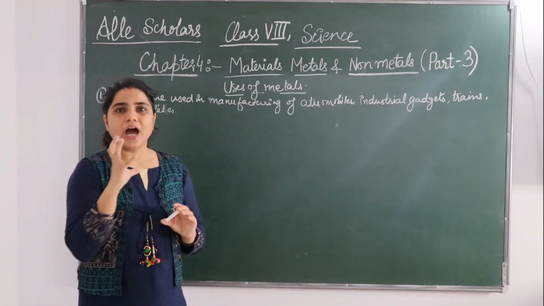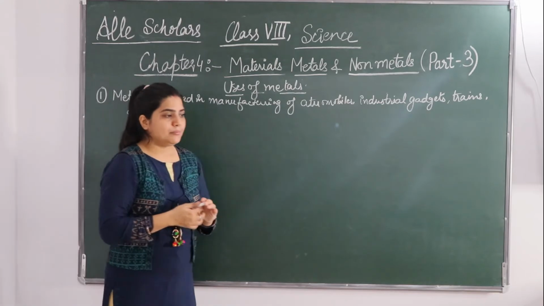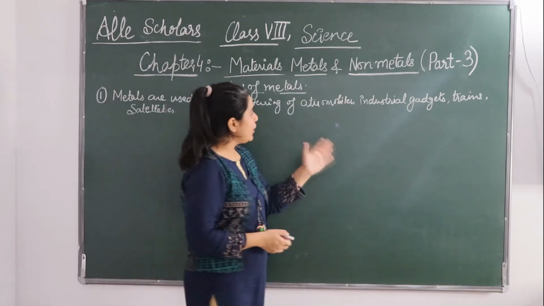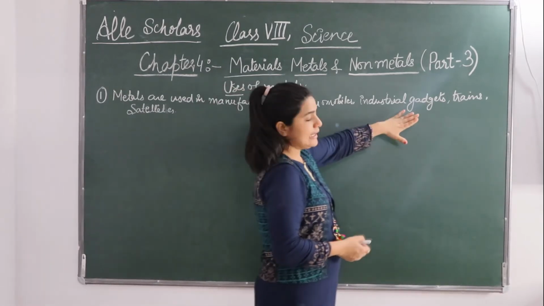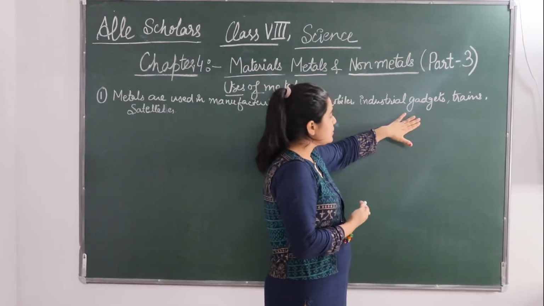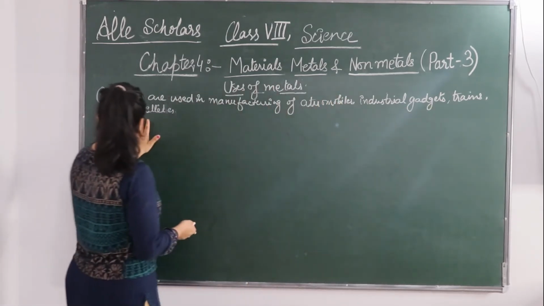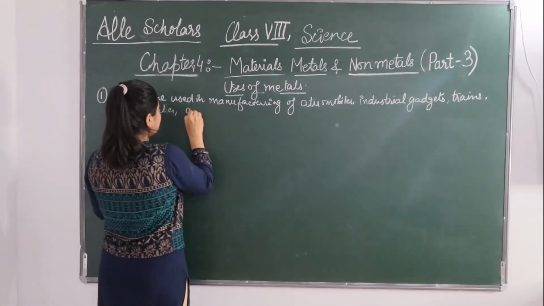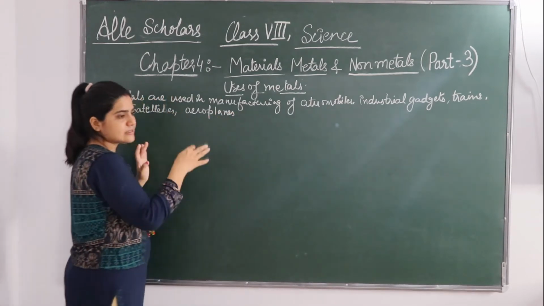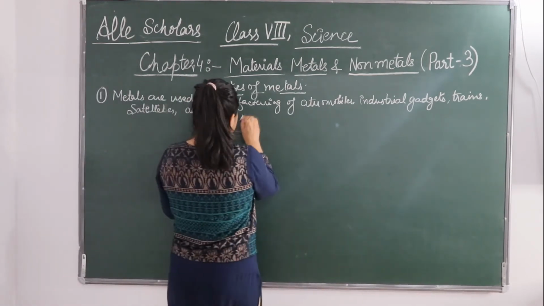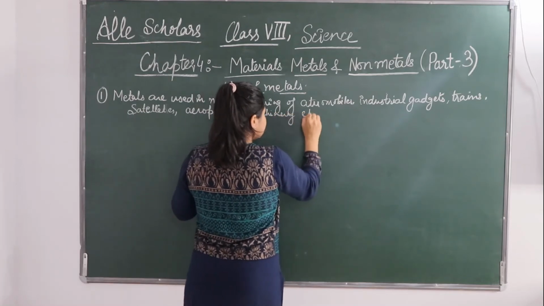Metals are hard, very hard. So being hard and tough, they are good for manufacturing automobiles, industrial gadgets, trains, satellites, aeroplanes, and so many machines are made up of these metals.